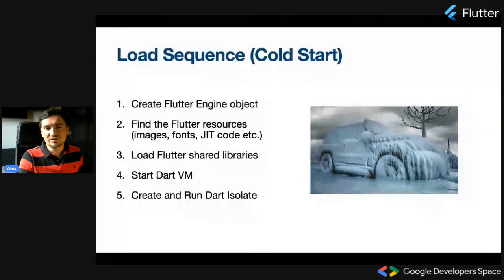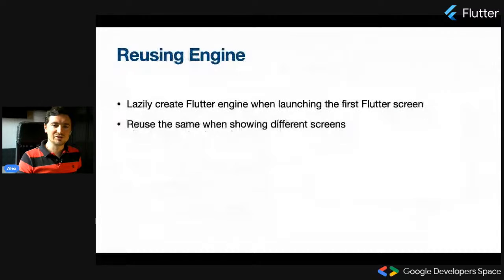So the solution is you need to reuse the engine between launches. You can start the engine at a point before you even start the Flutter screen. So maybe you go through your app launch process, and then at the point when the user is not doing anything or just landed on the initial page, you might have some time to now start the Flutter engine.